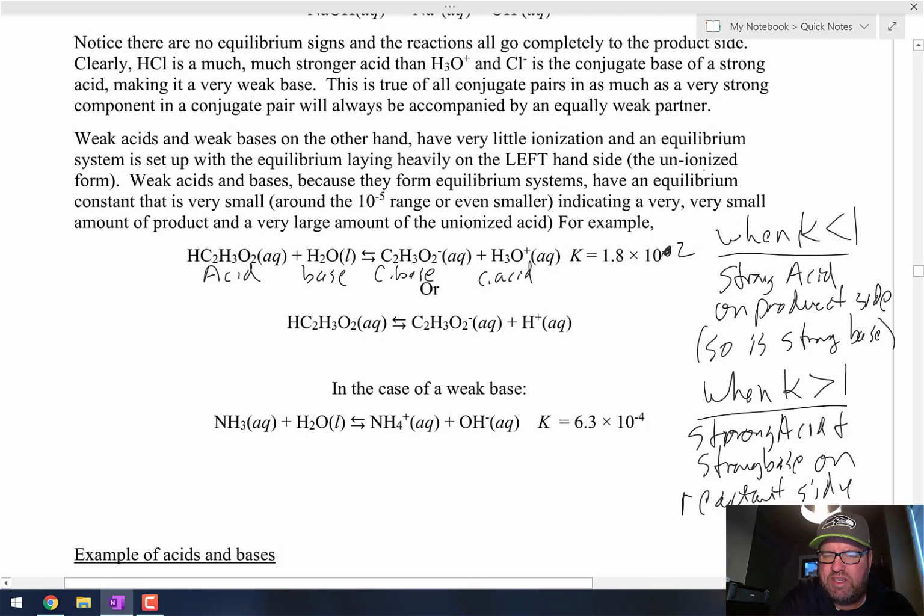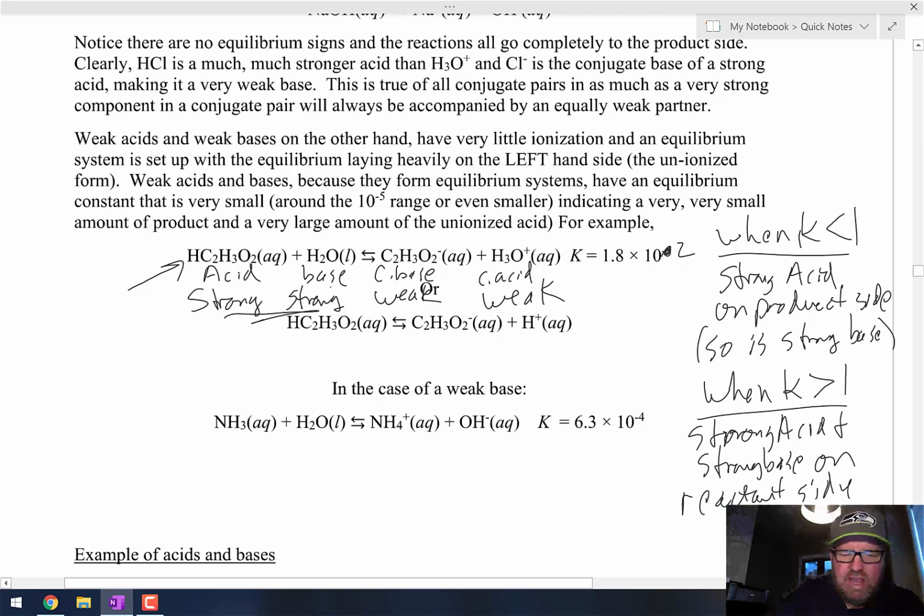If it is times 10 to the second, that means you have an equilibrium constant greater than 1, so you have mostly product. If you have mostly product, it means this acid dissociates easier than the conjugate acid does. Therefore, that would make that the strong acid, and its conjugate base weak. And if that acid is strong, this acid is the weak acid, and therefore its base on the other side is strong. See how the strong ones are always on the same side?